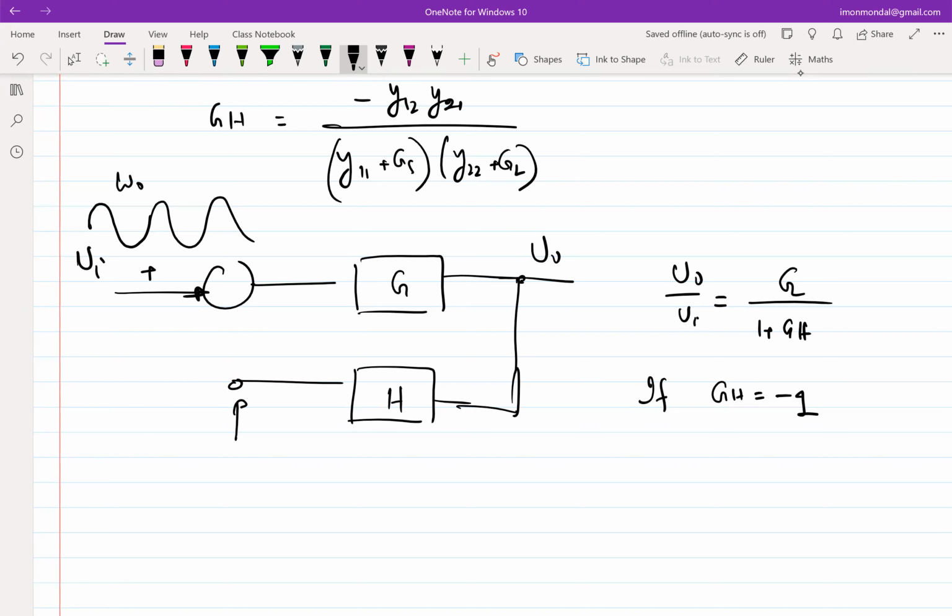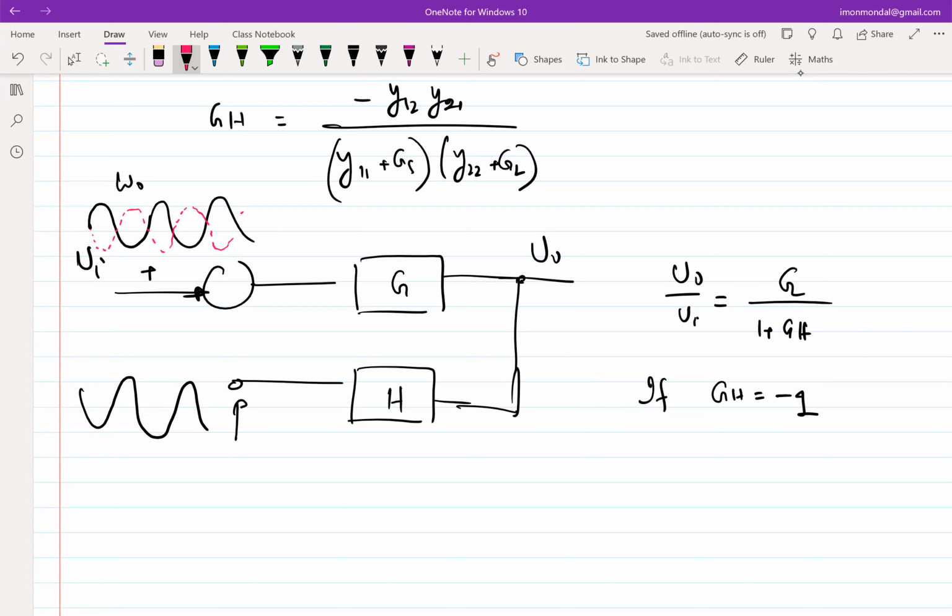Note that the feedback is broken. But GH is equal to -1. So this is the minus of the input sinusoid. Correct? So this will be exactly equal to the input, same amplitude, 180 degrees out of phase. So if I sketch it on top of the original input, it will become something like this.